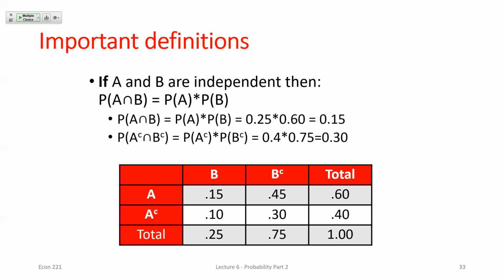Now, if I look overall, I think the current study in Indiana found 60% of people responded that they were in favor of marijuana legalization. So if you choose one person at random, the probability that they support legalization of marijuana in Indiana is 0.6.